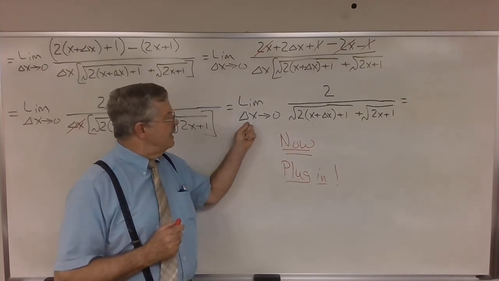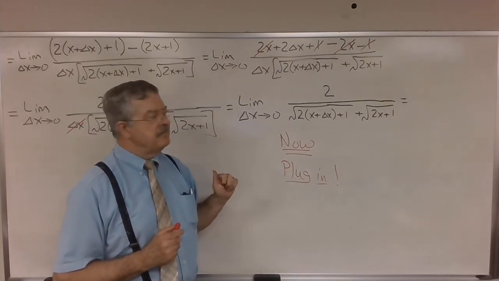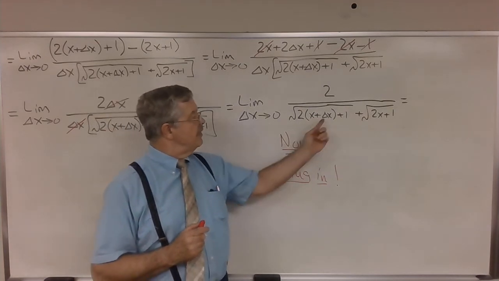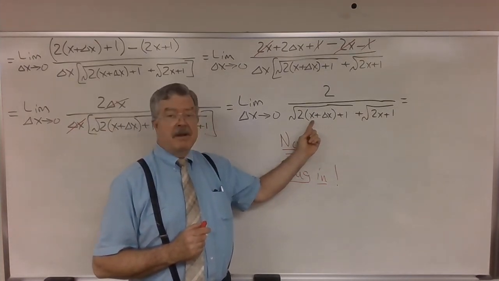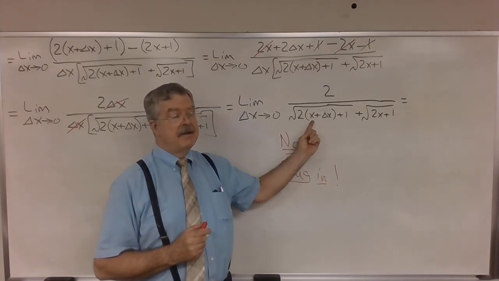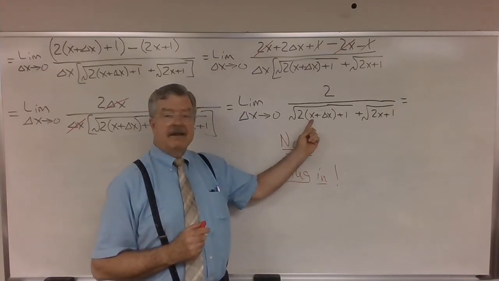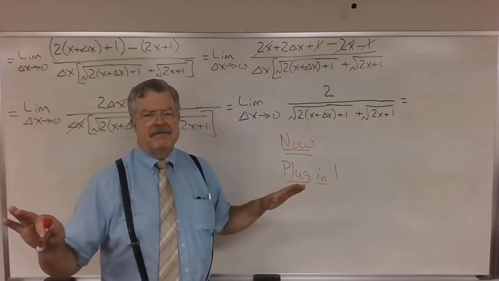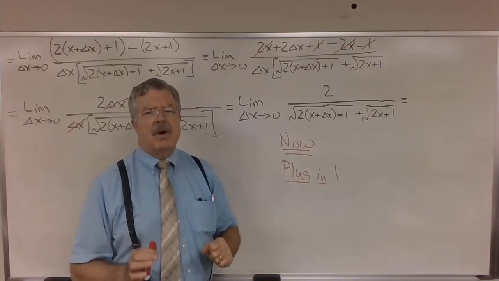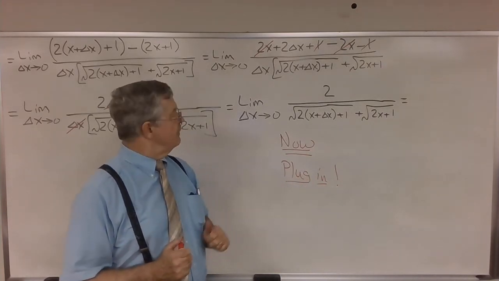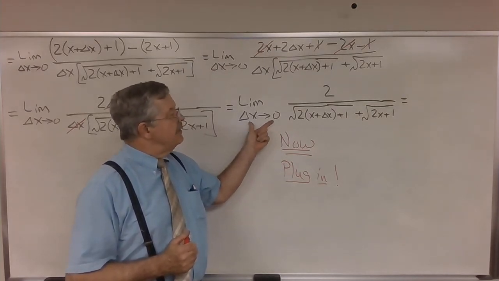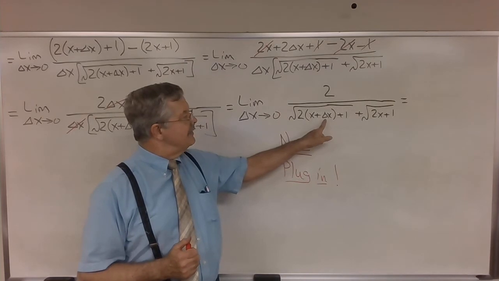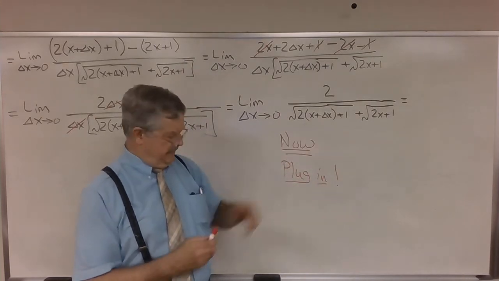If delta x is approaching 0, then we'll plug in 0 wherever we see a delta x. Remember, these x's are different variables. Delta x and x, they're completely different variables, just like x and y are completely different variables. So delta x is approaching 0. So we'll plug in 0 for delta x.